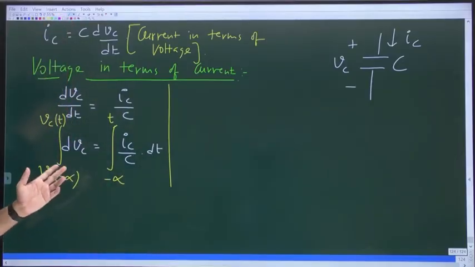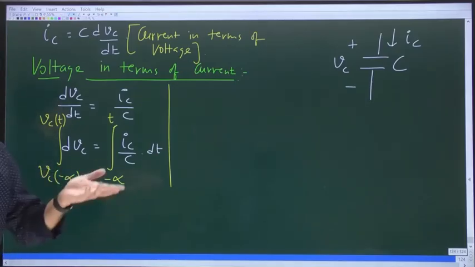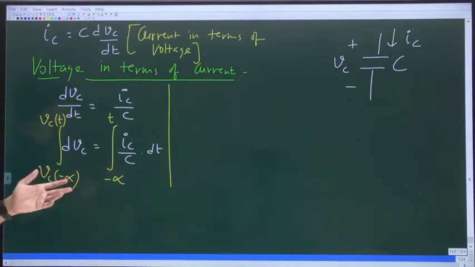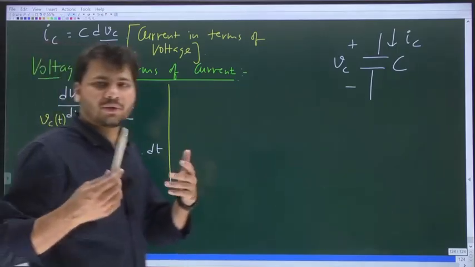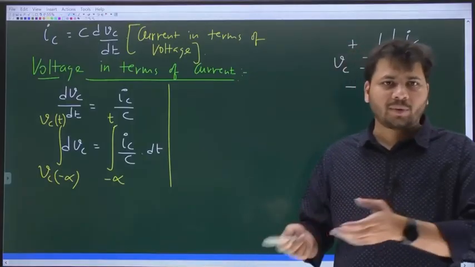What is the integration of dVc? Is it not simply Vc? Then if you plug in the upper limit and the lower limit, always first you should plug in the upper limit, then the lower limit, and take the difference.